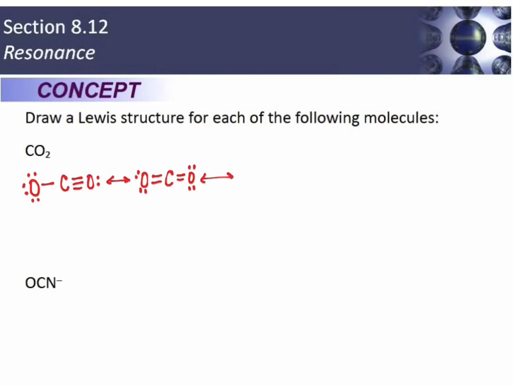Or we can look like this. Okay? So all of those are structures. If I say draw the Lewis structures, you would draw all of them. The next one, OCN. If we do our needed, available, shared, then we need 4 bonds.